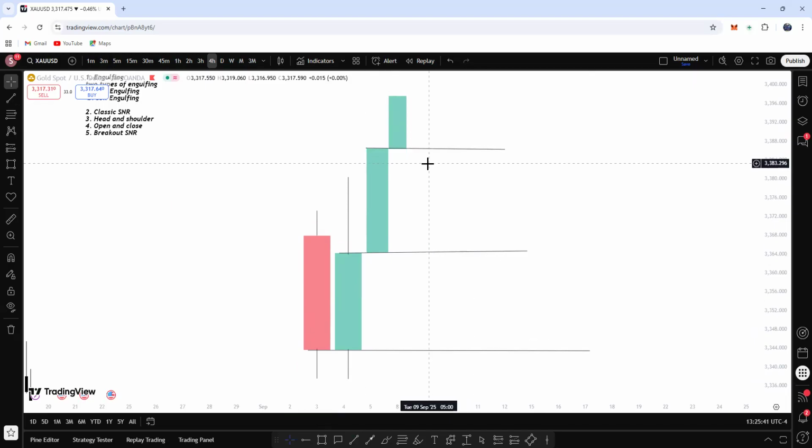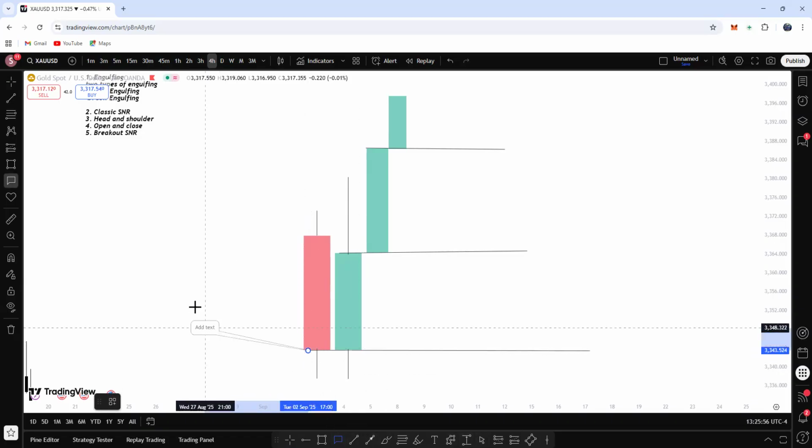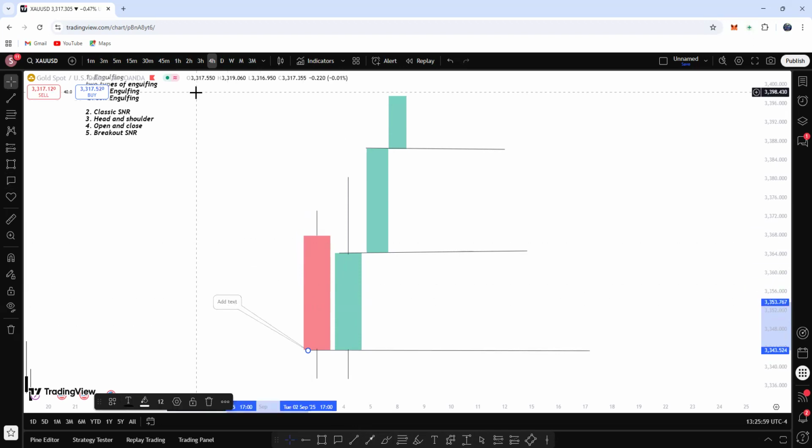I take this kind of trade many times. But here is the cheapest price. This is what we call the classic SNR level.